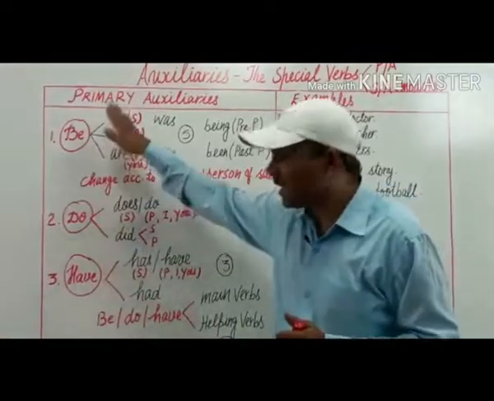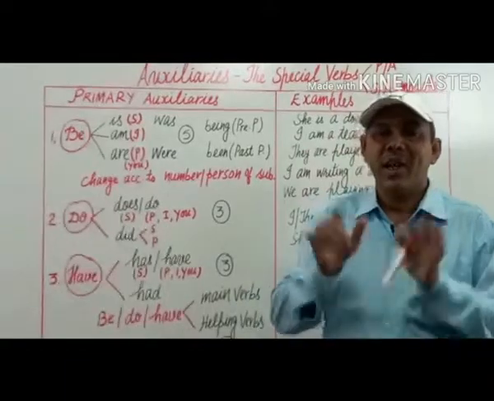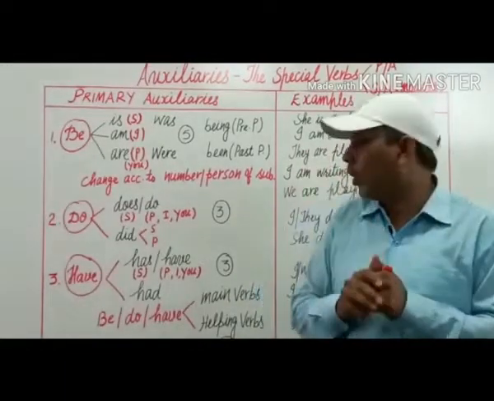These three primary auxiliaries have 11 forms.